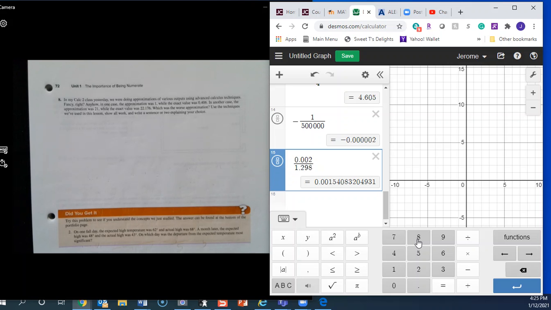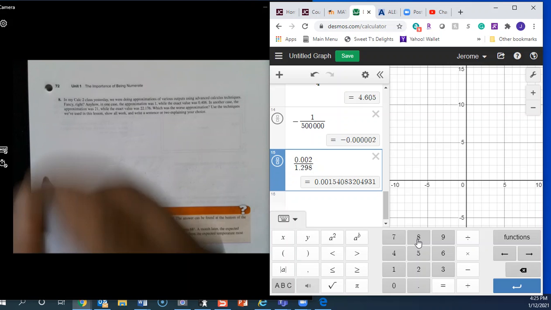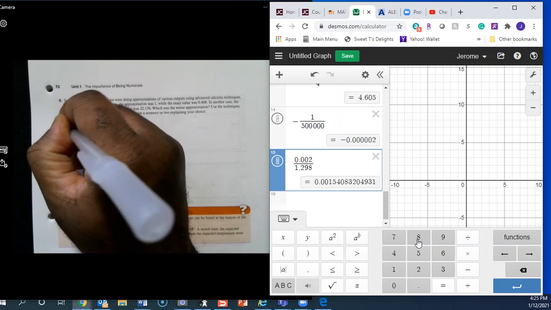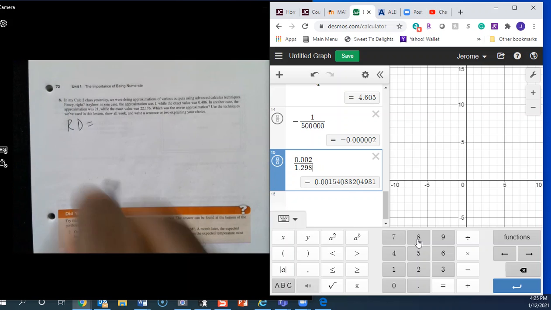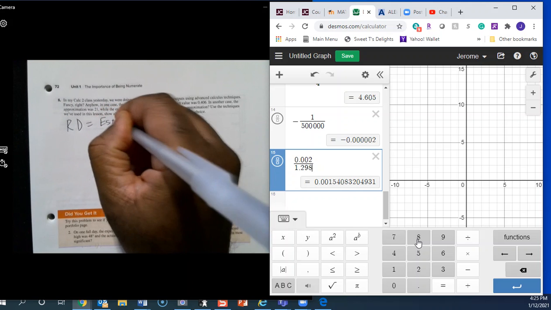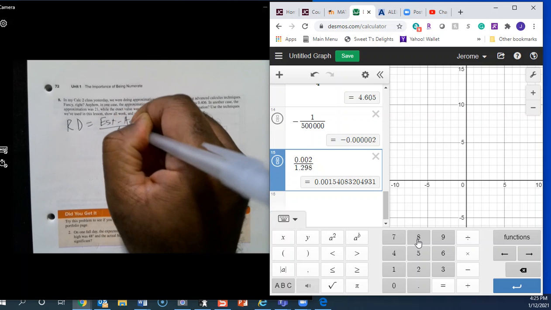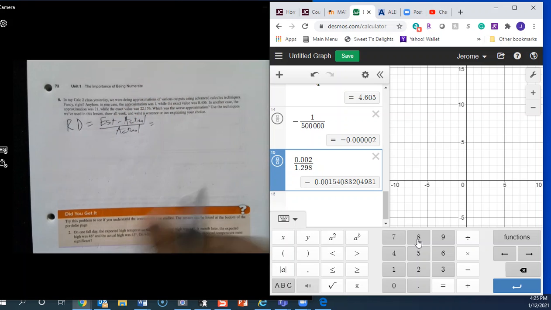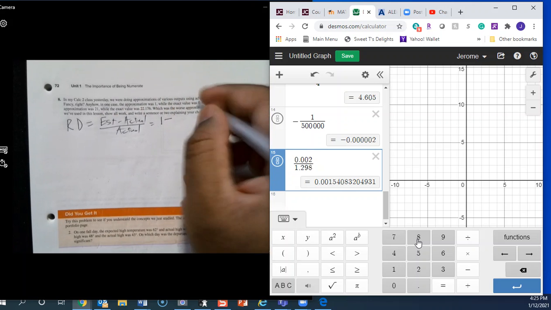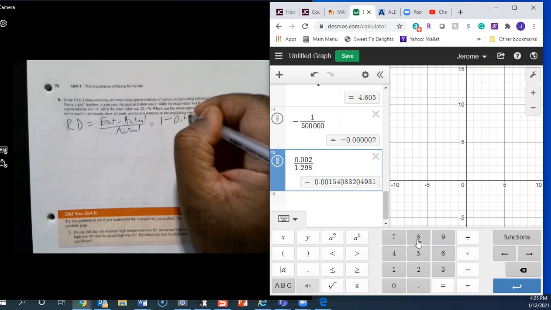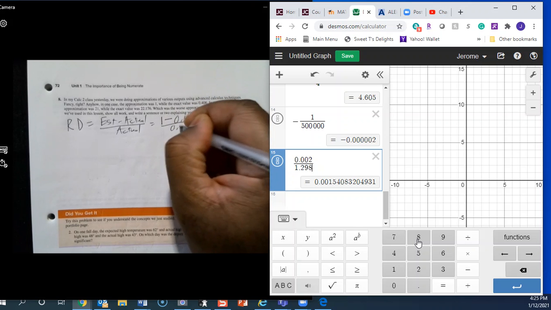Okay, so we know we would do relative difference, and we know we would do the estimate minus the actual divided by the actual. In the first case, the estimate was 1 and the actual was 0.406.